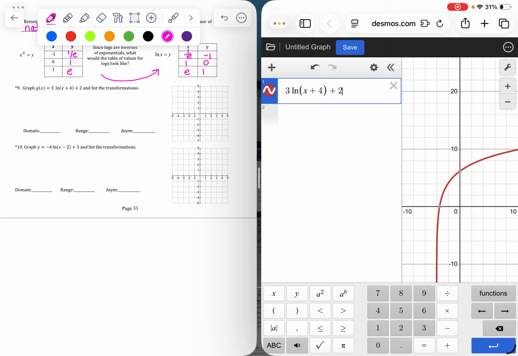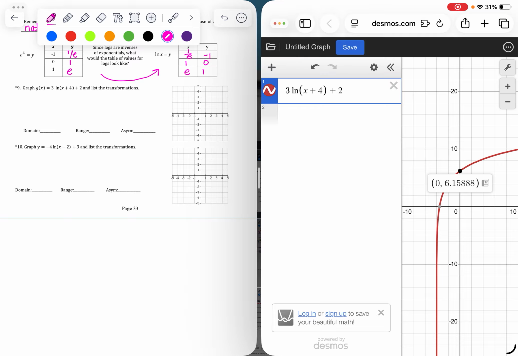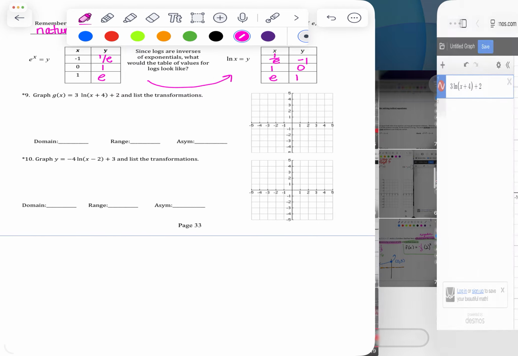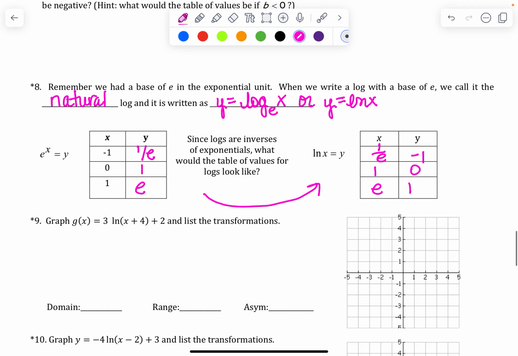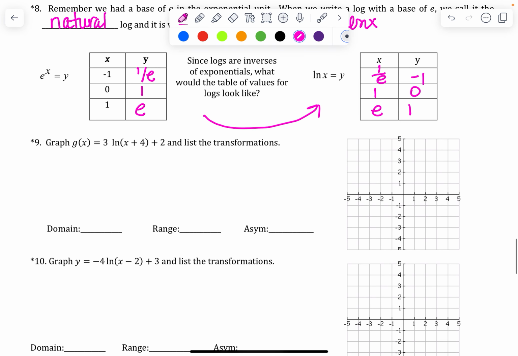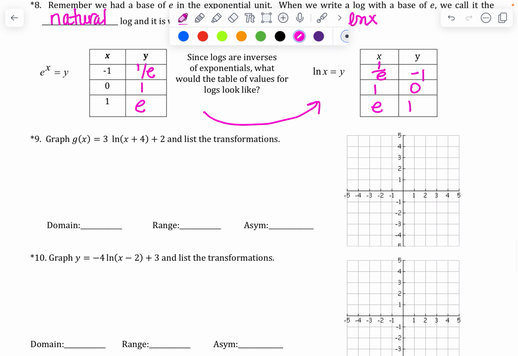So to do my asymptote, I'm going to look right in here. The opposite, of course, would be x equals -4. So at the -4, I'm going to draw my asymptote. And you can get some of those points from our graph that we did. So I'm going to do some of the ones I already wrote down.